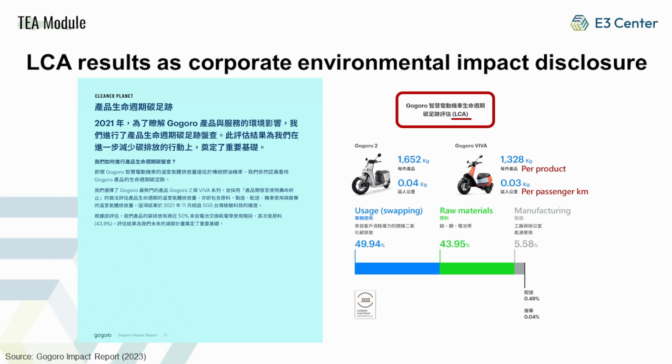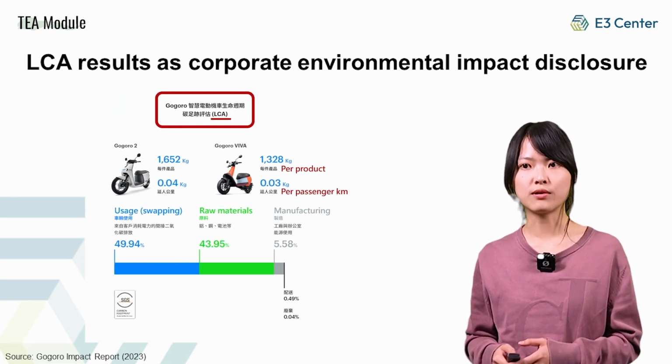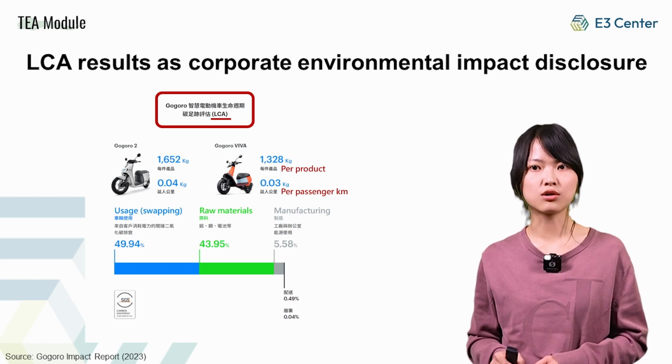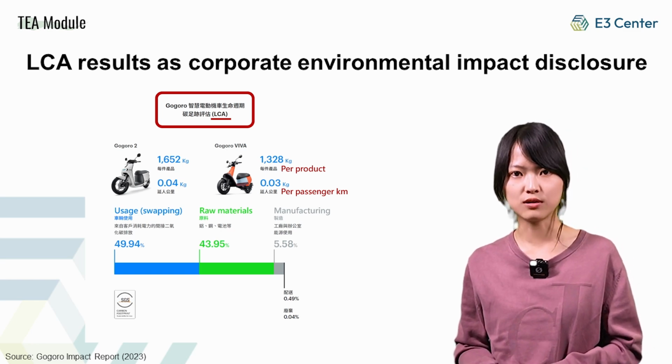LCA has significantly gained traction in recent years as a critical tool for companies to transparently communicate their environmental impact. Therefore, let's explore an example case from Gogoro's 2023 impact report shown in this slide. This report provides a comprehensive breakdown of the carbon footprint for their products across the entire life cycle.